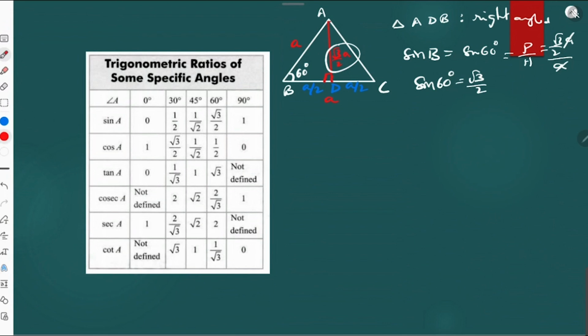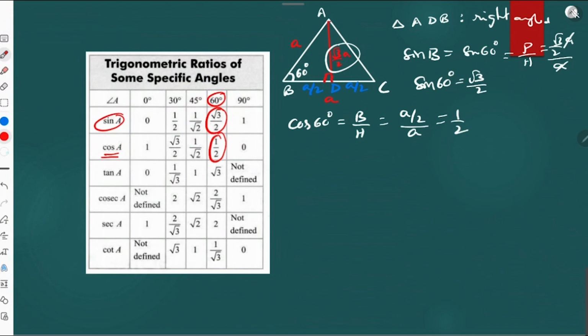So sine 60 is root 3 by 2. At the same angle, if you apply cos theta, cos 60, that is base by hypotenuse. Base is a by 2, and hypotenuse is a again. So it is 1 by 2. So cos 60 is 1 by 2.